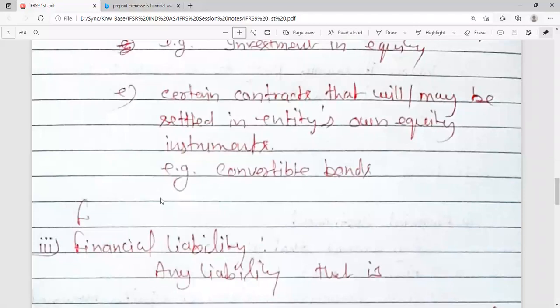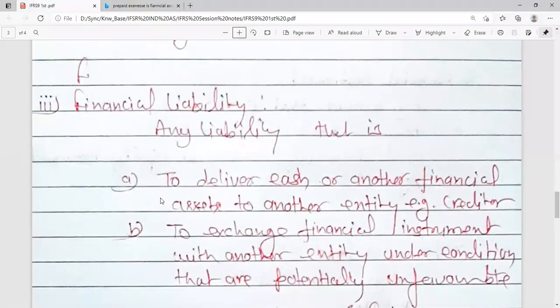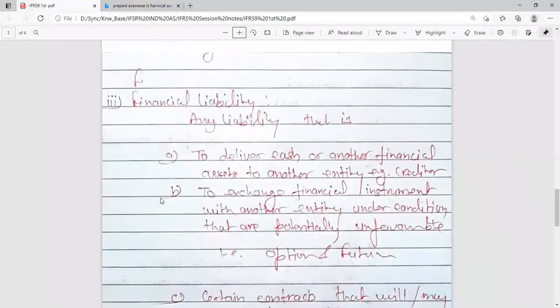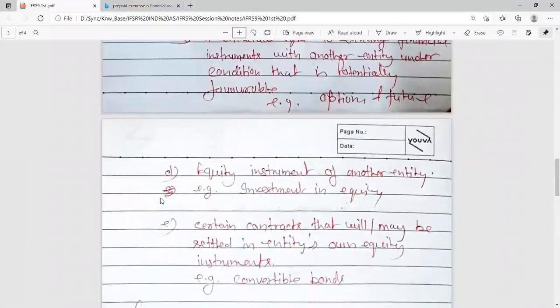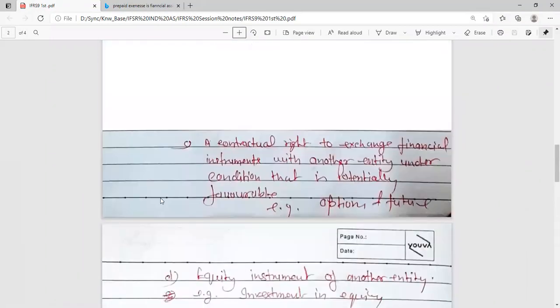Ravi, can you give me an example of what transaction will not be considered a financial instrument? Any transaction which does not satisfy the condition of a financial asset or financial liability will not be covered in financial instrument.